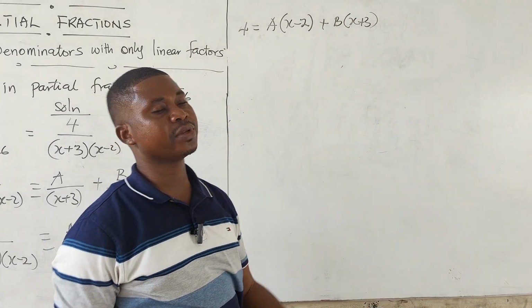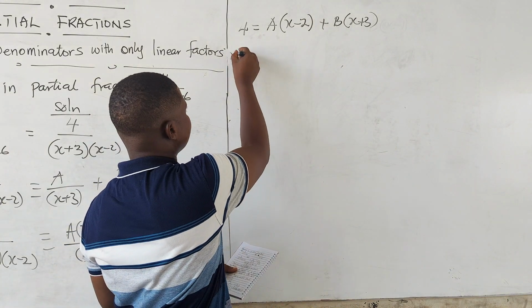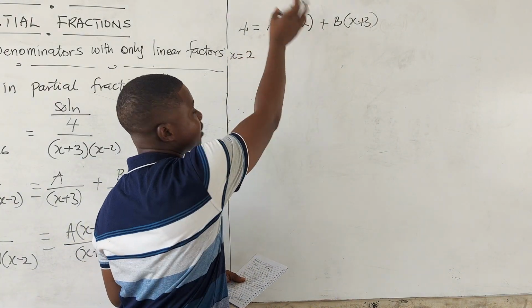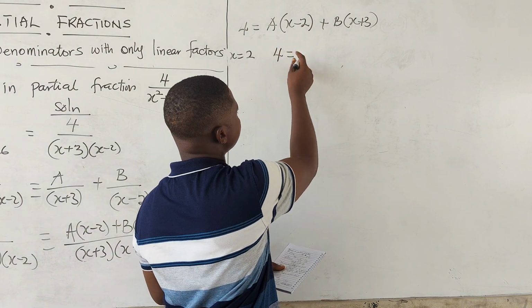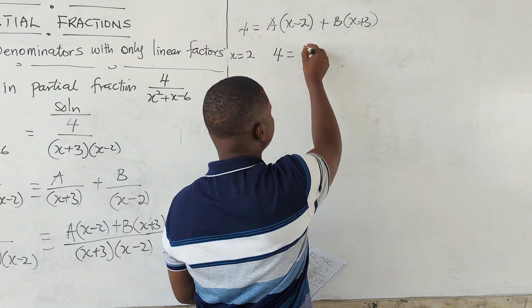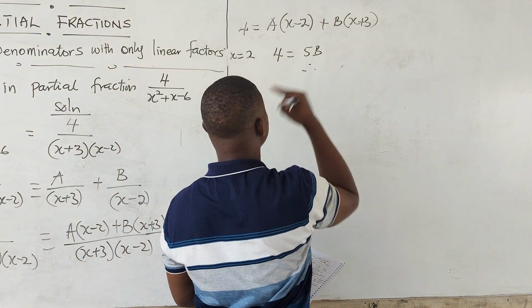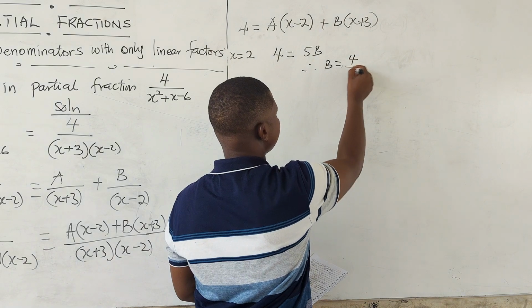Having gotten that, we can use the cover up method. When x equals 2, the whole of the A will go. So we have 4 is equal to 5B, therefore B will be 4 on 5.